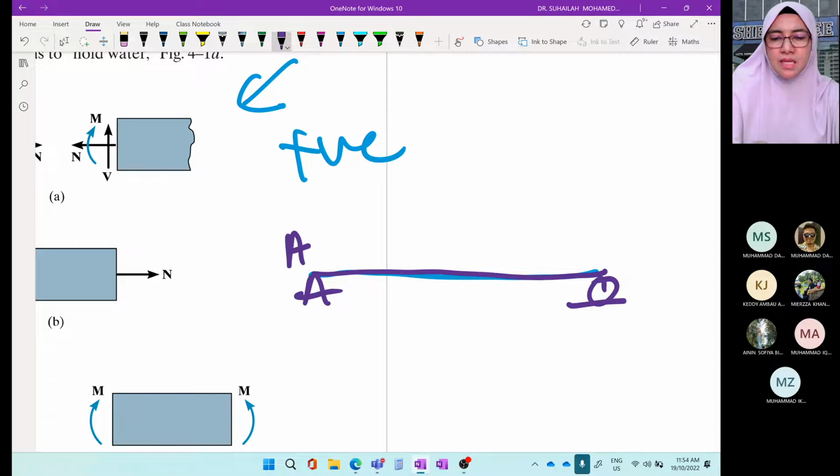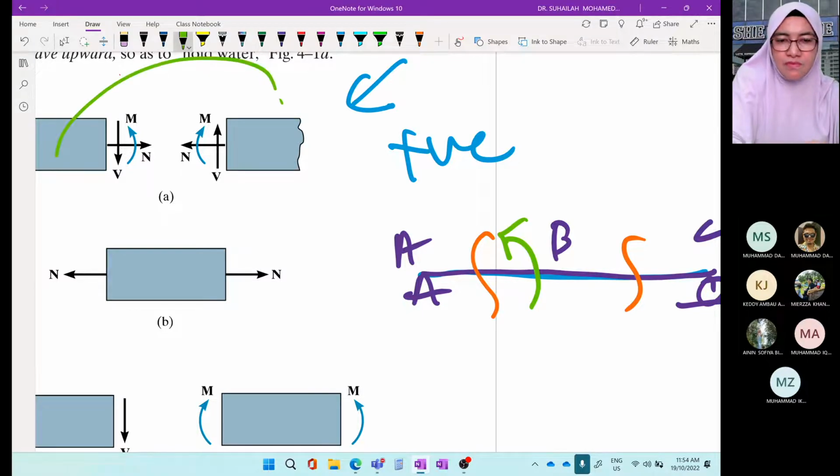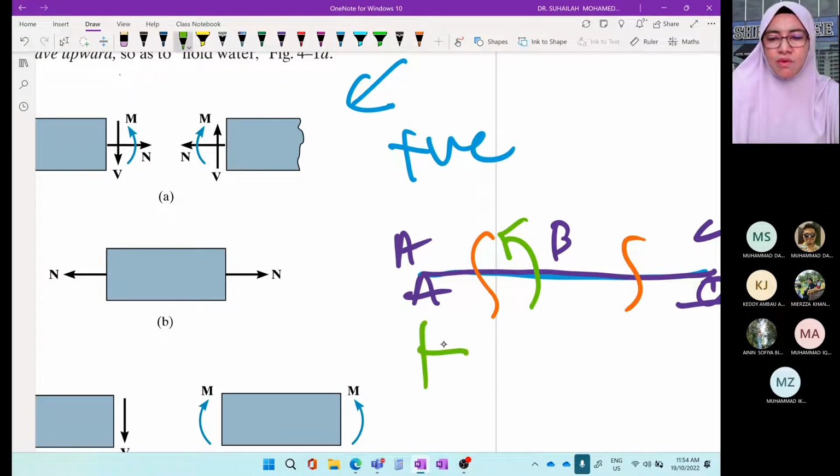Okay, let's say kita cut section for beam. Sini kan ada ABC, for example. So bila kita cut section for AB, section for BC, we should put the right sign convention. So sign convention yang kat sini normally we take from where? We take from this sign convention. Okay, so for example untuk AB tu, bila origin kita start from A, yang kita refer is this one.